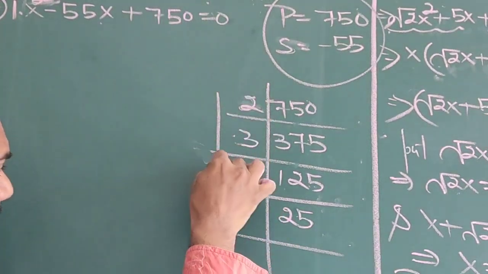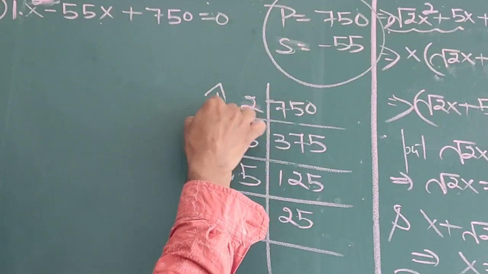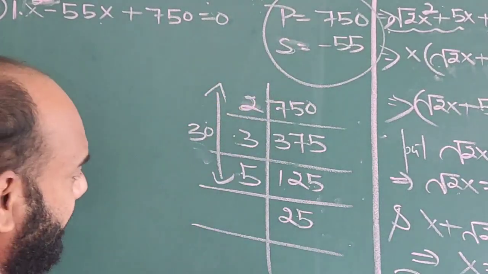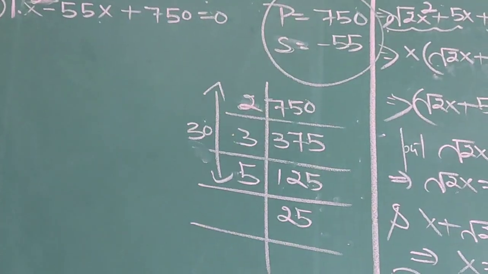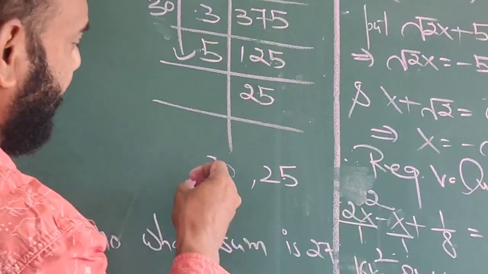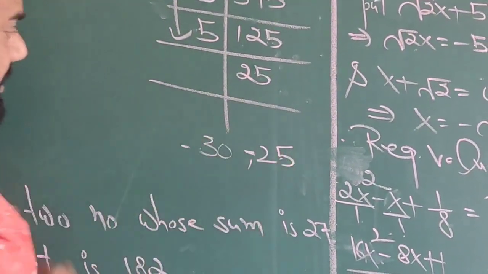The product of these factors is 750: we get 30 and 25, because their sum is 55. So we take minus 30 and minus 25.